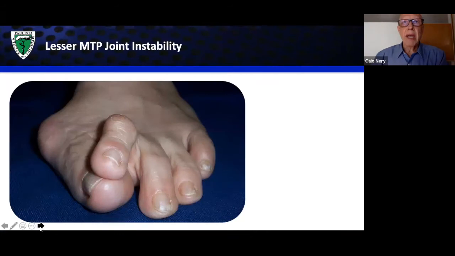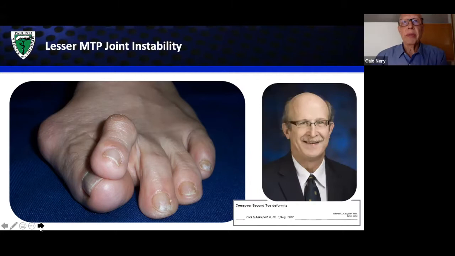In the last decades, the crossover toe deformity and the lesser MTP joint instability called the attention of foot and ankle surgeons, driven especially by the poor results obtained with the conventional treatment protocols. After Dr. Michael Coughlin's description of the crossover toe deformity in 1987, interest in this condition grew exponentially.